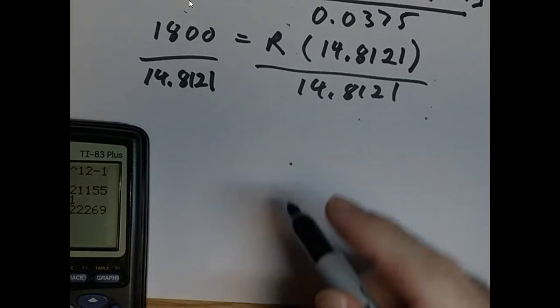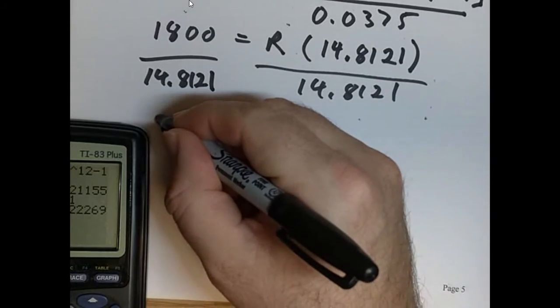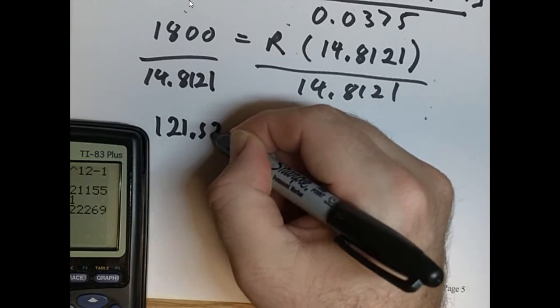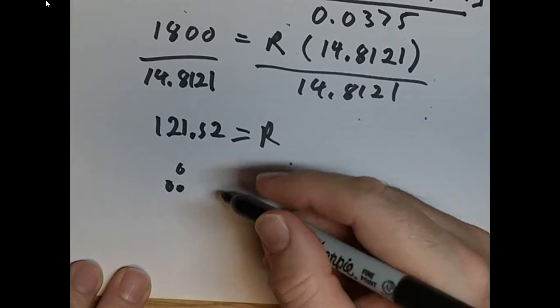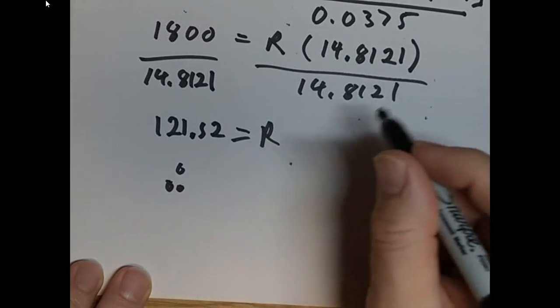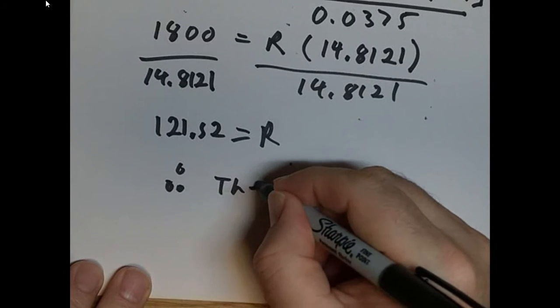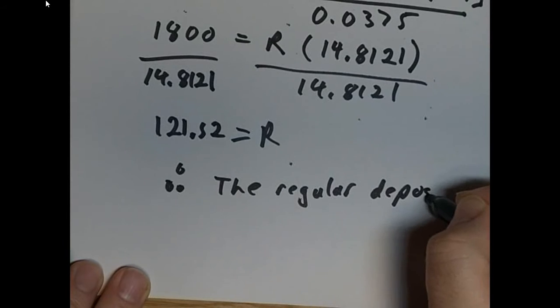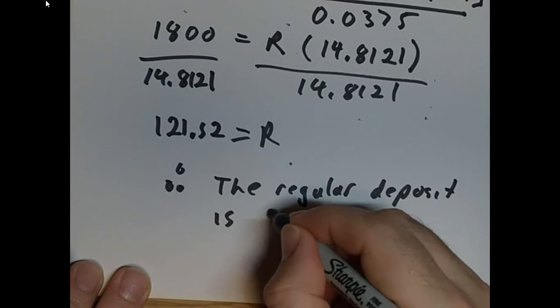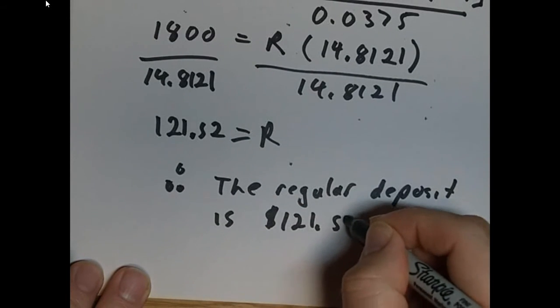That's got to be our R. R is 121.52. Therefore, the regular deposit is 121.52.